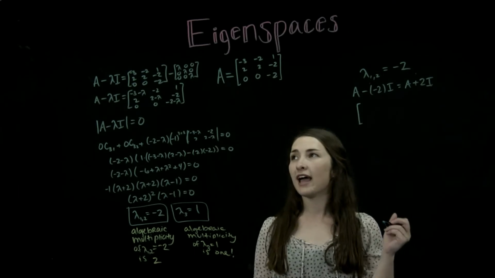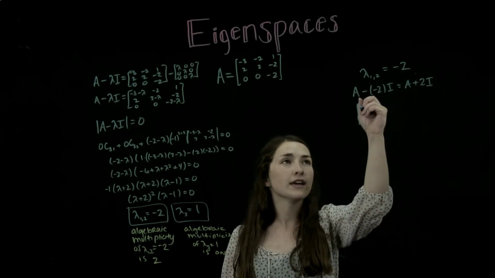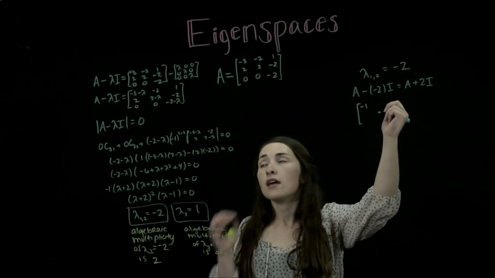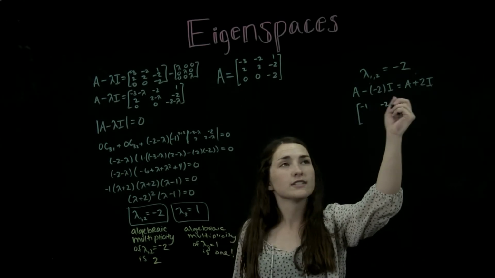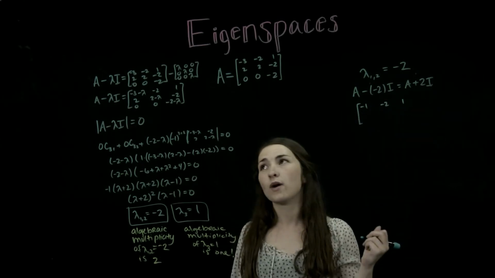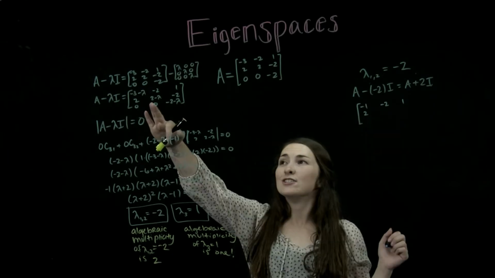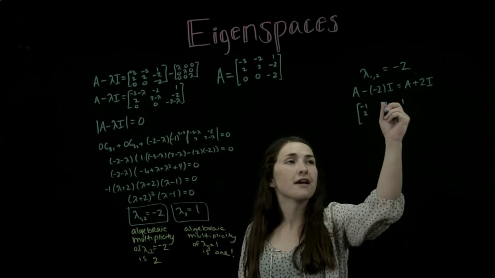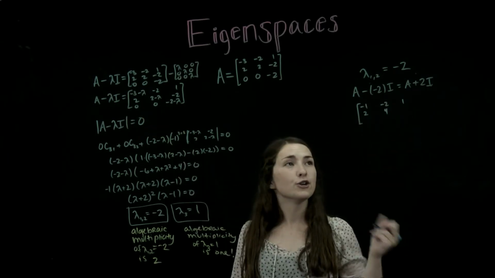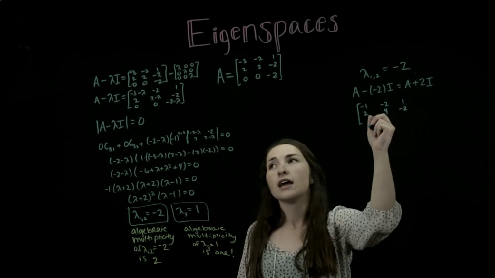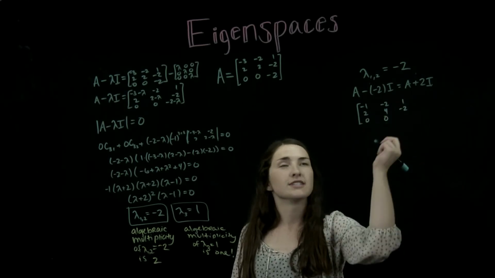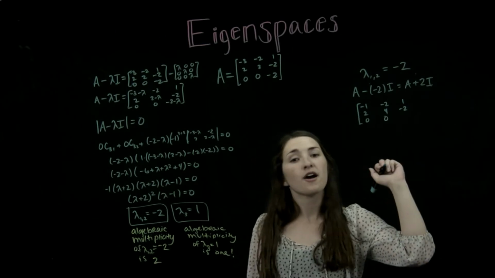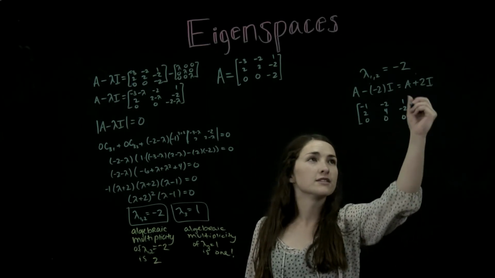And we're going to have negative 3 plus 2 is negative 1. Negative 2 plus 0 is negative 2, 1 plus 0 is 1, 2 plus 0 is 2, 2 plus 2 is going to be a 4, and then negative 2 plus 0 is just negative 2, then 0 plus 0 is 0, 0 plus 0 is 0, and then negative 2 plus 2 is going to be 0.